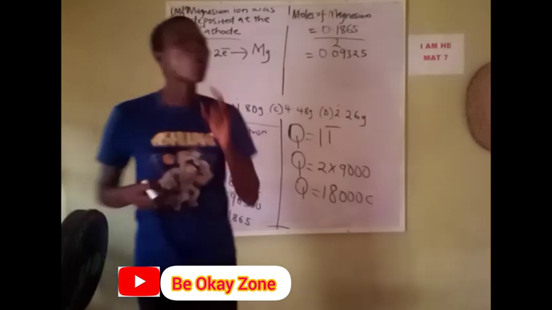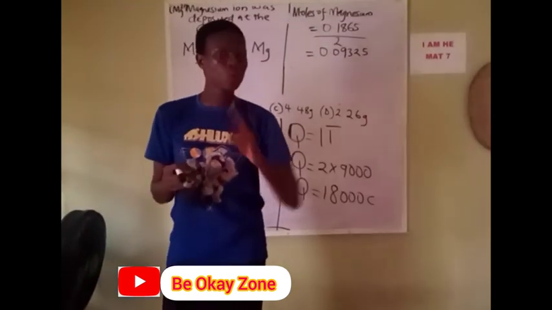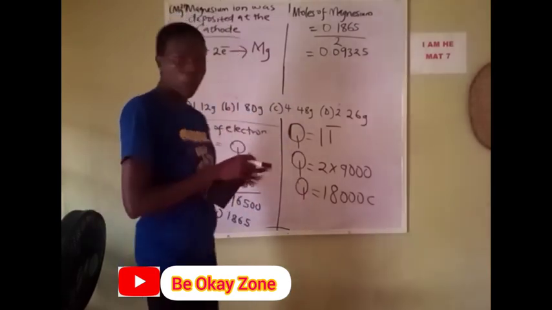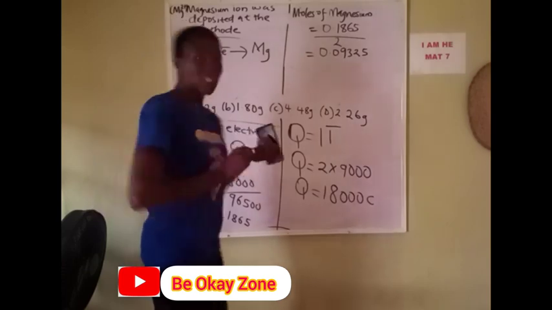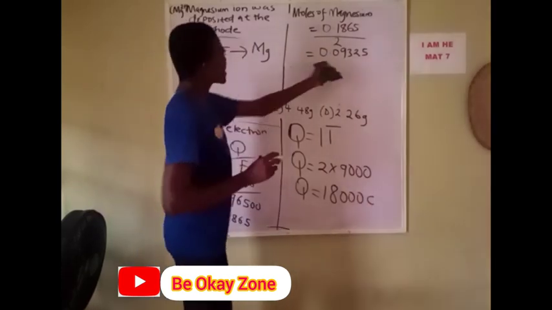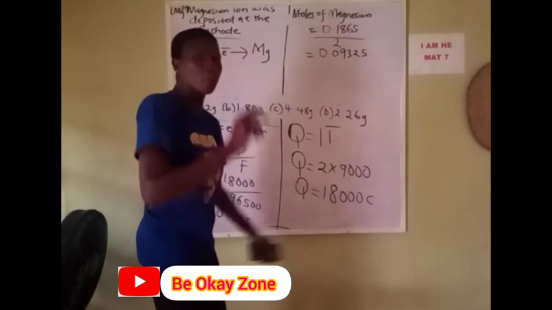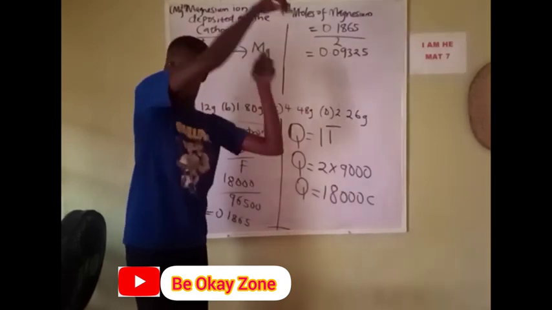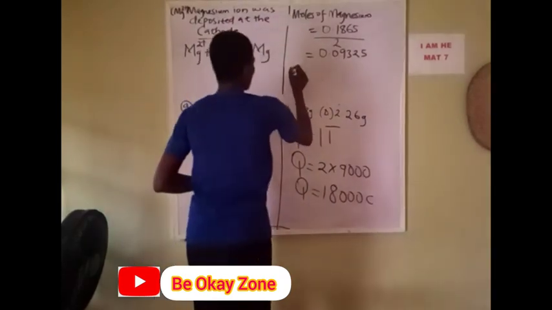This is not the final answer to the question. The question asks for the mass of magnesium, and we are given that magnesium is 24. So we multiply the moles of magnesium by 24 to give us the mass of magnesium.